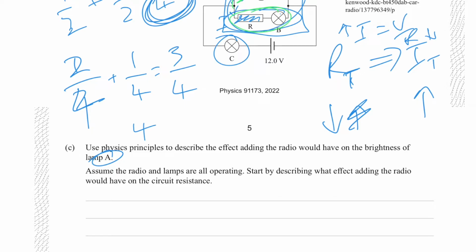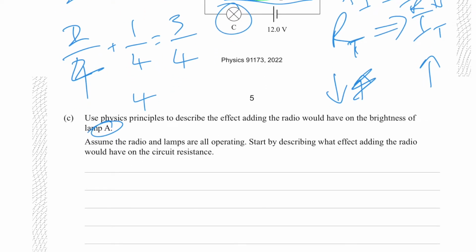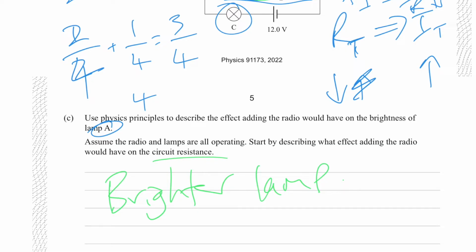By increasing the current into part A, you're going to have a brighter lamp. So we've talked about the circuit resistance, and we've talked about the brightness of lamp A, and we've used current flow to link all of that together. Okay, hopefully that made sense.